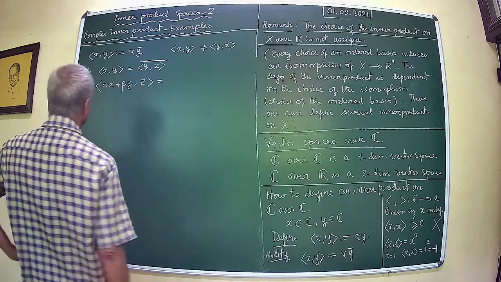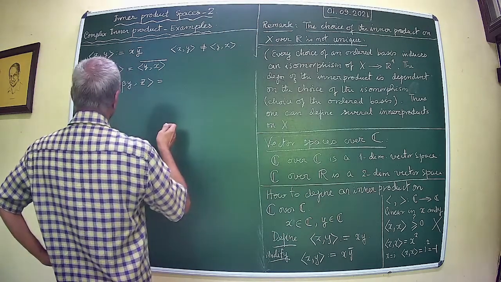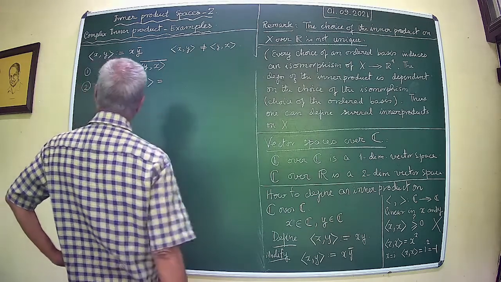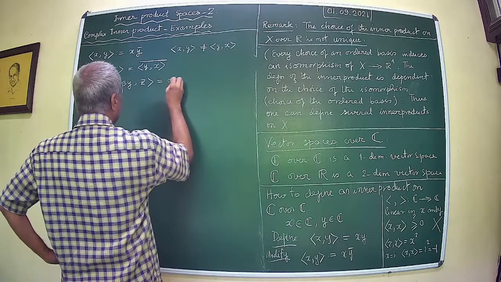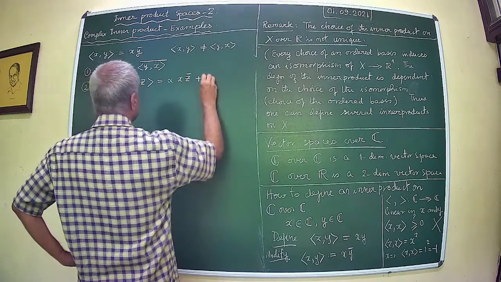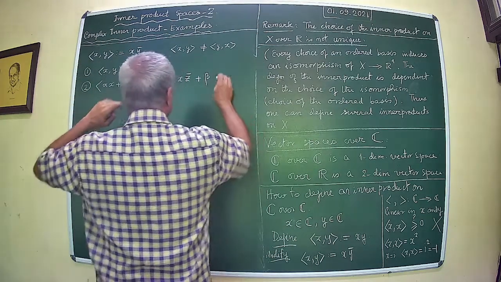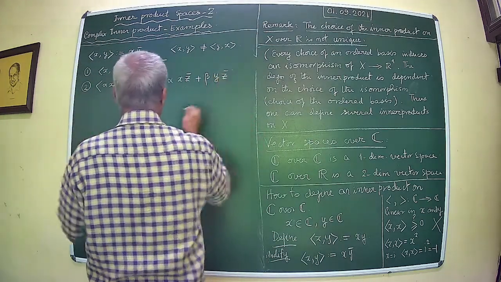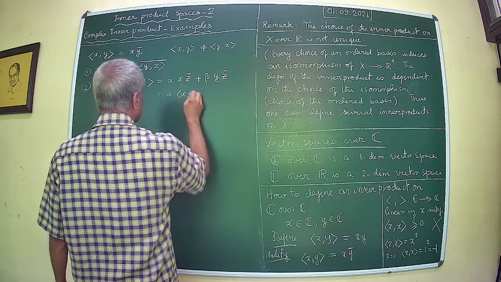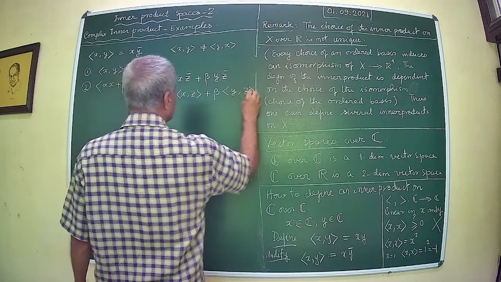Now this is equal to, our definition would give you, if you use this definition, then you will immediately see that it is alpha times (x, y) plus beta times (x, z).